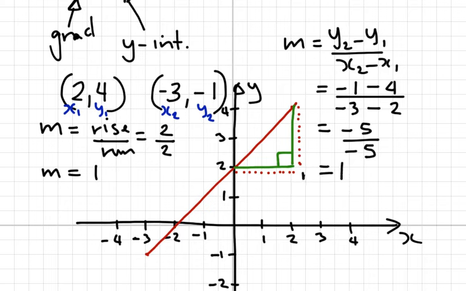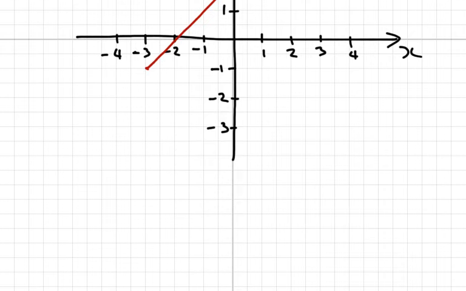So yet again, I've got the same gradient. I know my gradient is 1. There's no two ways about it. And so I can start forming the first part of my answer. The equation of the line is y equal to mx plus c. And so far I know my m is 1.